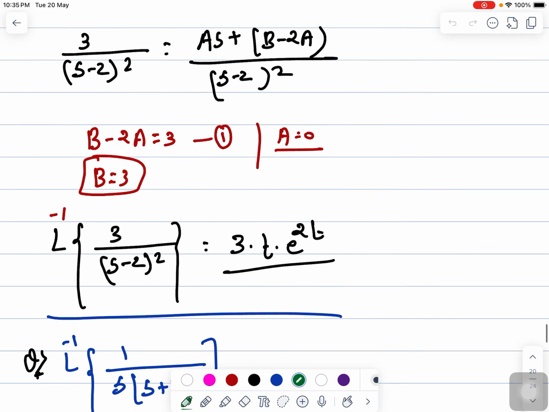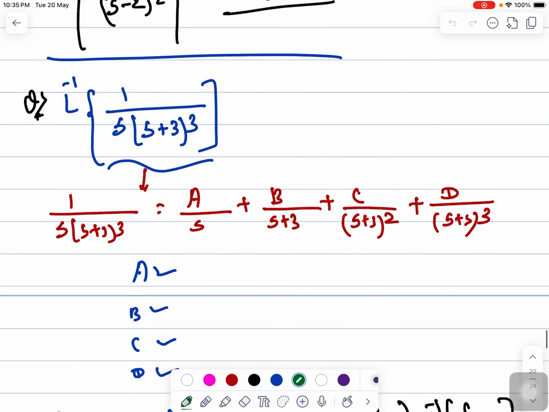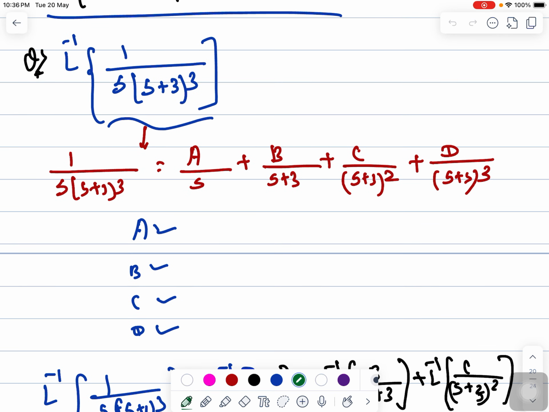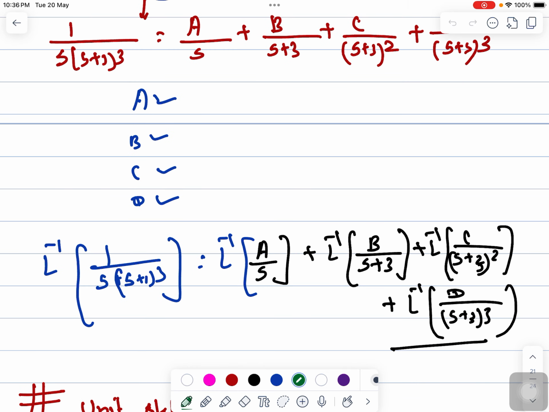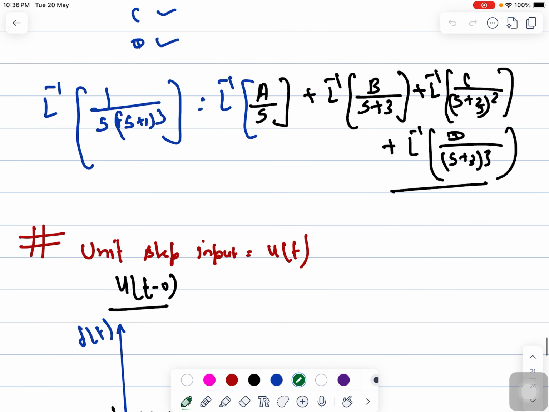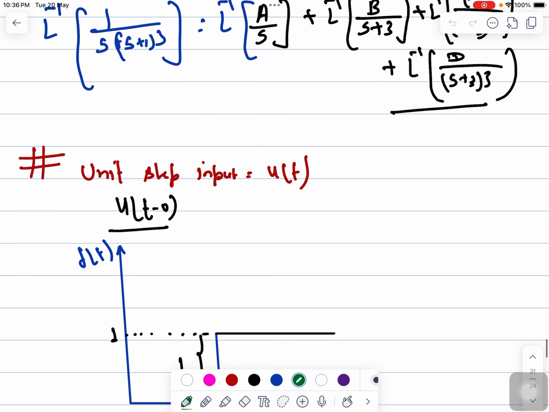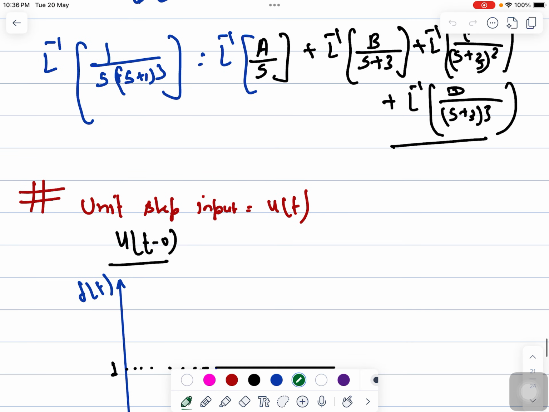So here you'll see, in the previous lecture I started solving problems based on the Laplace inverse, and how we can do the Laplace inverse for all of these kinds of functions, where I took the partial fractions, and based on the partial fractions you calculate the coefficients, and once you have calculated the coefficients you can calculate the Laplace inverse, because I have already discussed the formulas.